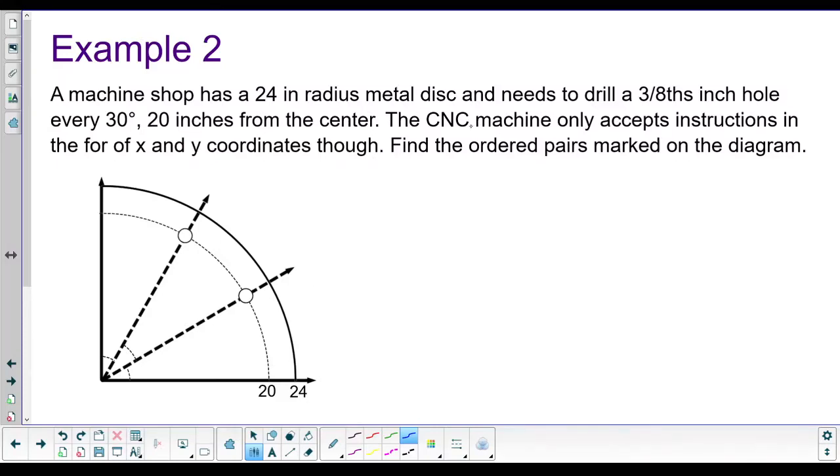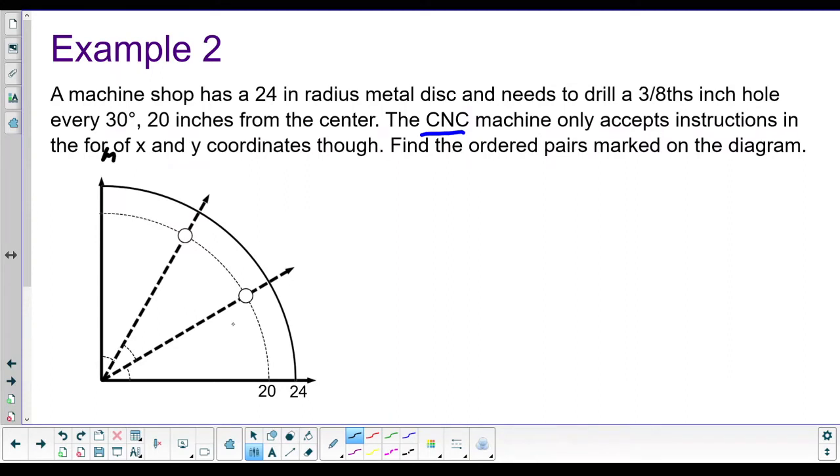The CNC machine, I don't know what this stands for, but basically it's a machine that cuts stuff for you or drills holes where you need it or cuts stuff into certain shapes. It's a cutting machine. The CNC machine only accepts instructions in the form of X and Y coordinates, though. Holy smokes, proofreading, you guys.